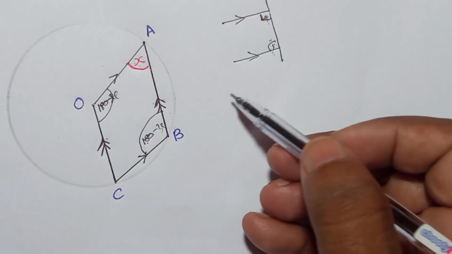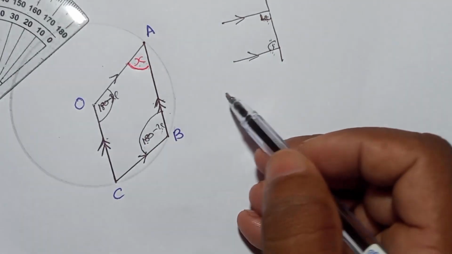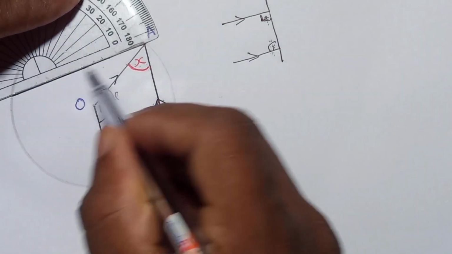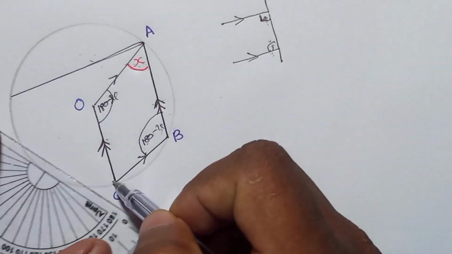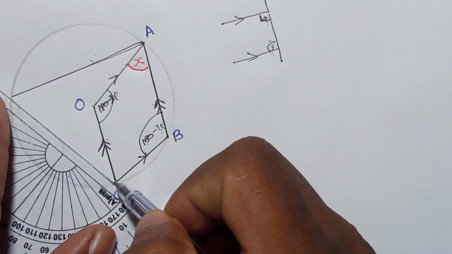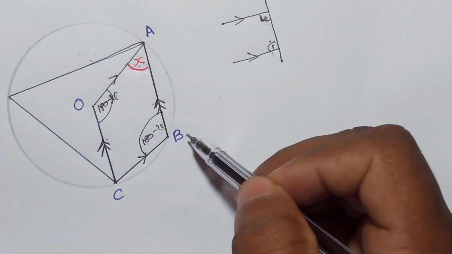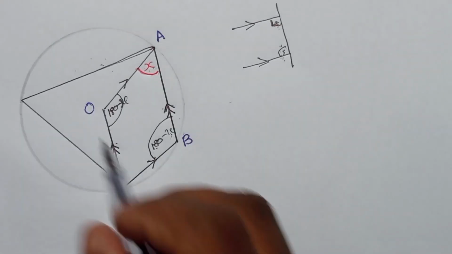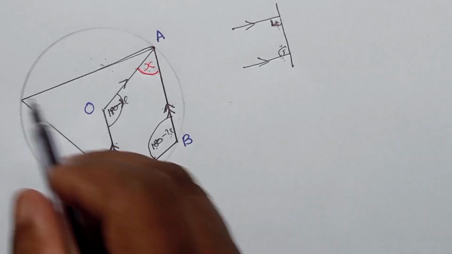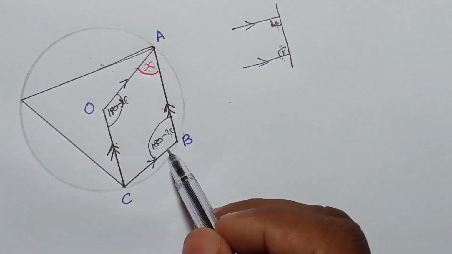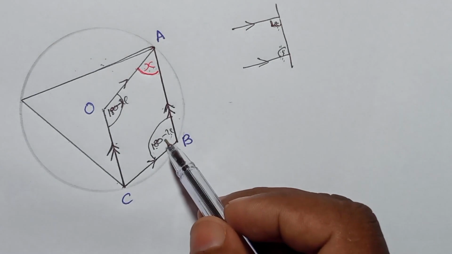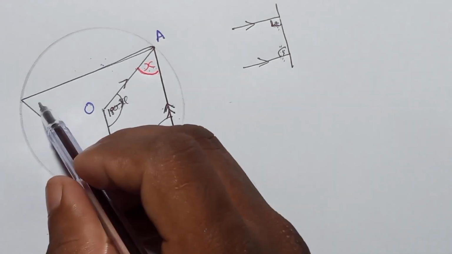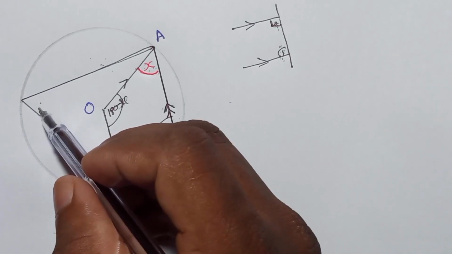Anyway, now if I make some construction here, a line like this, this angle and this angle again add up to 180. But before then, I need to use another theorem. If this is 180 minus x, what will be the value of this one?